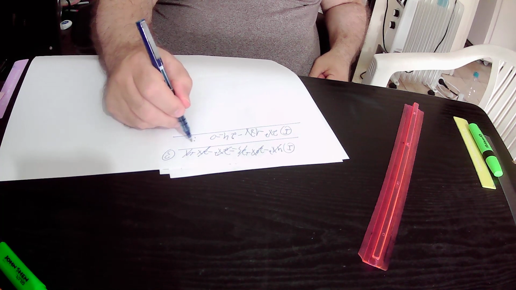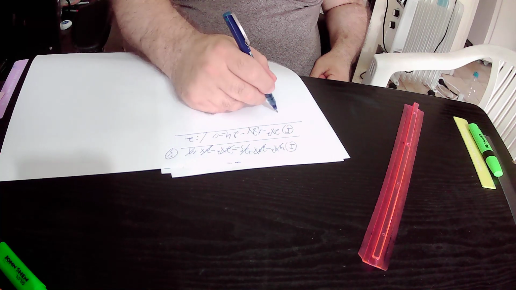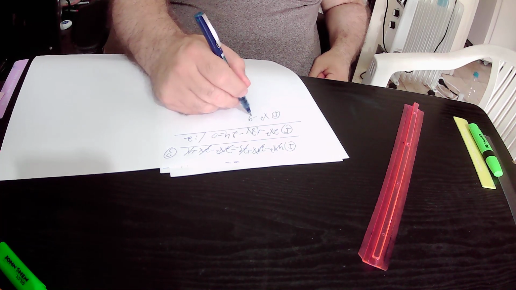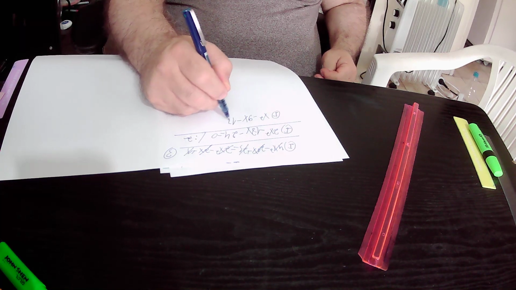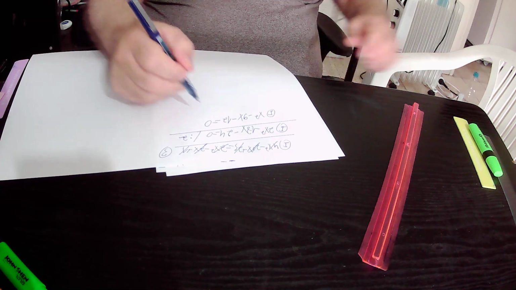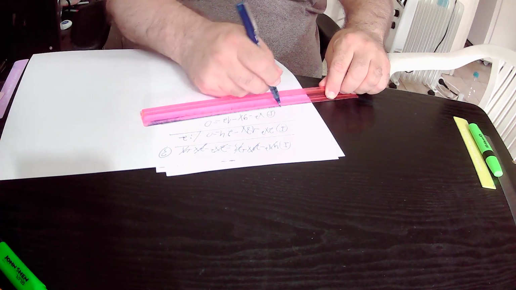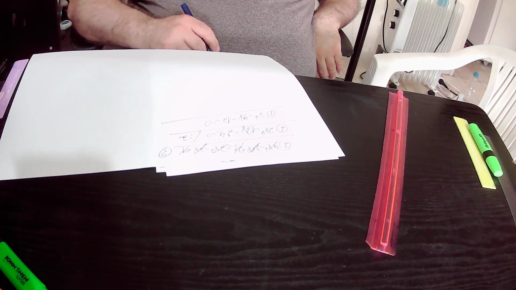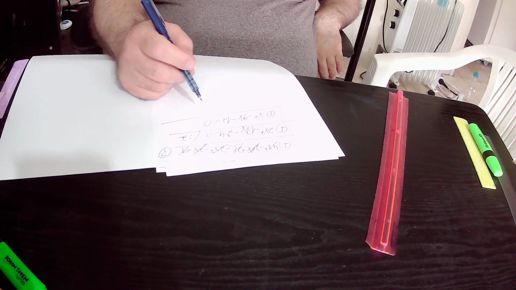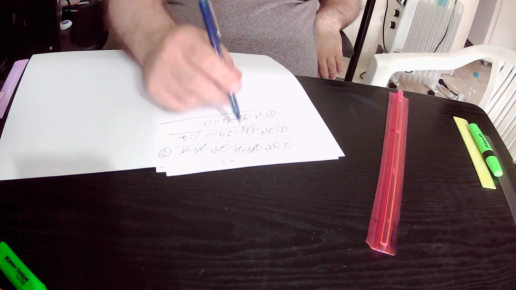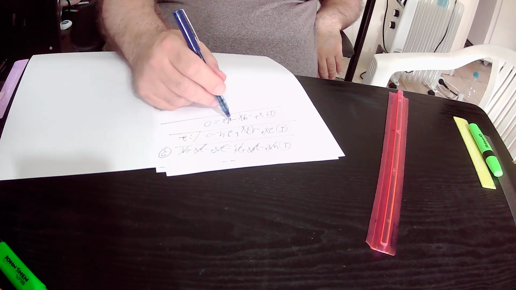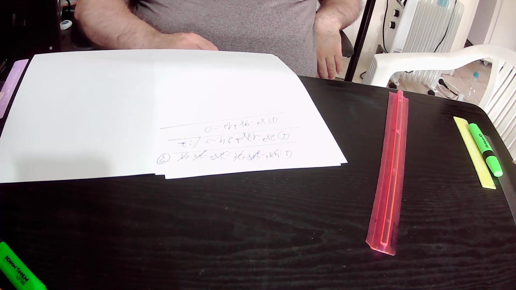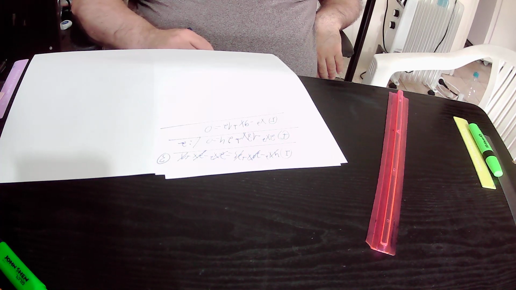Here we divide this equation by 2. And we get that 2x squared over 2 is x squared, minus 18x over 2 is minus 9x, and 24 over 2 is plus 12. 0 over 2 is 0, so in conclusion, we got the quadratic equation x squared minus 9x plus 12 equals 0.